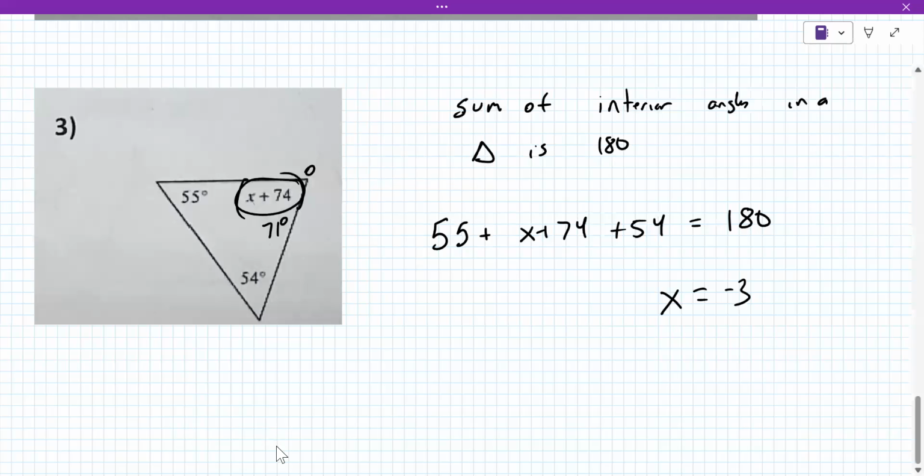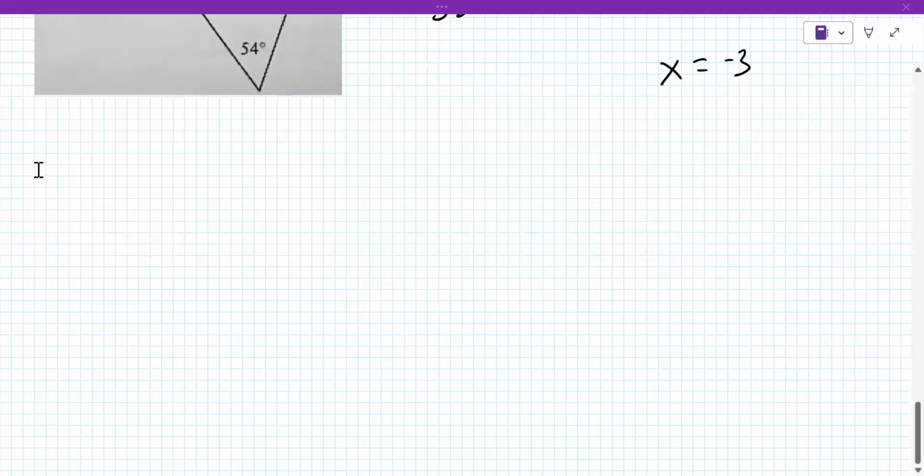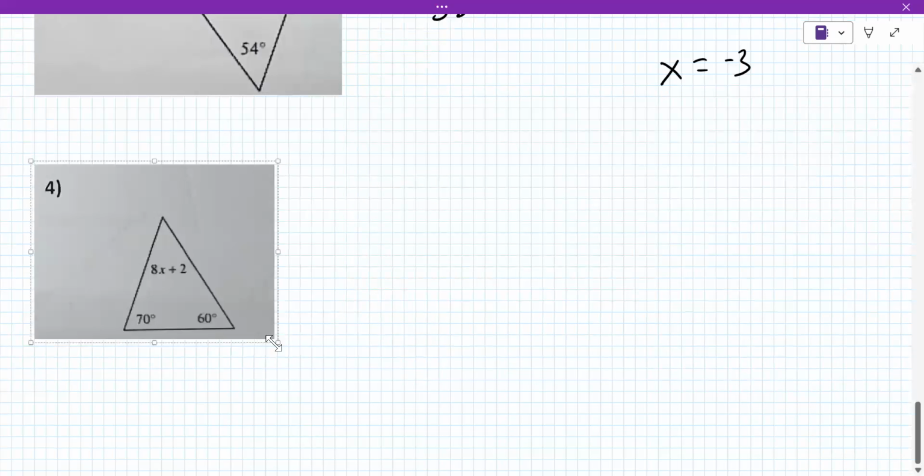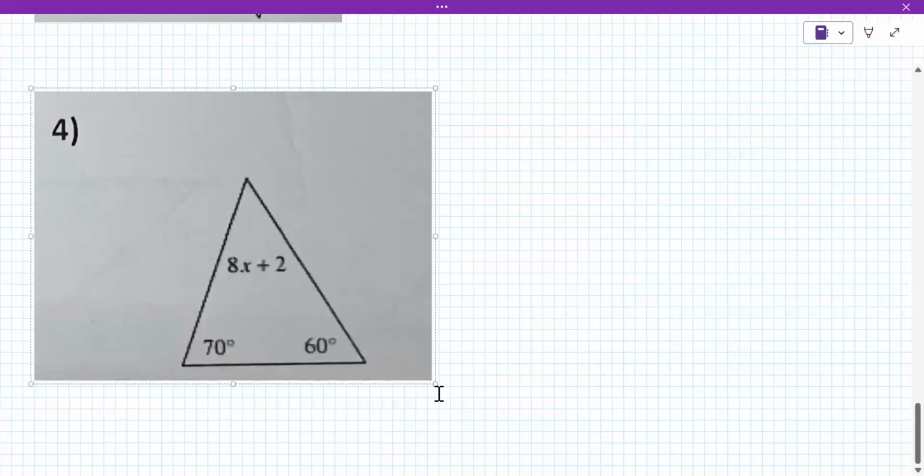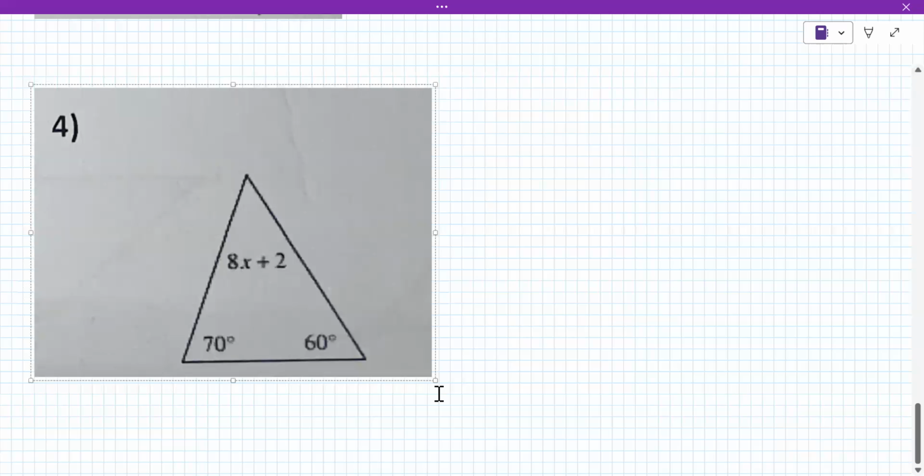So it would be wise for you to try number 4 now on your own and see if you can do it without any input from me. And I think you can. Let's set up the equation. The angles add up to 180.